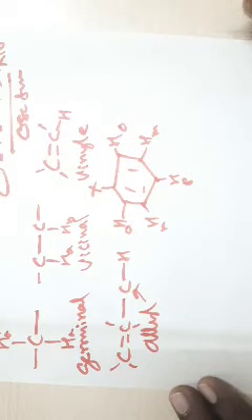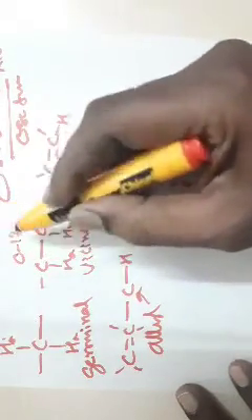From the values, we can identify whether the coupling is vicinal or geminal. Vicinal coupling values are normally observed in the range of 0 to 12 Hertz.